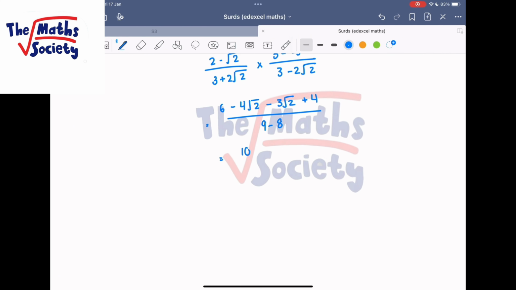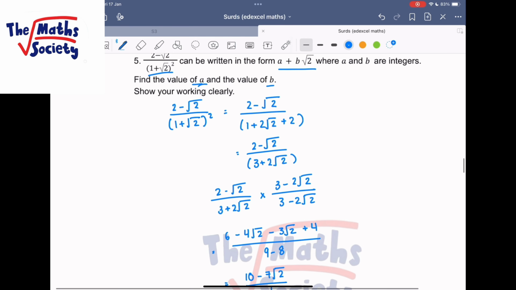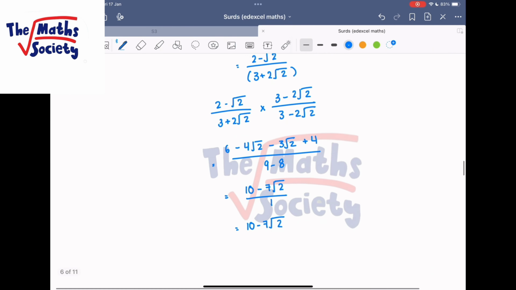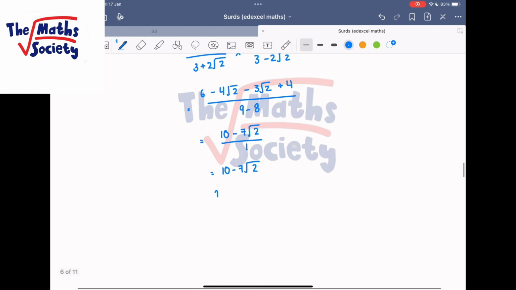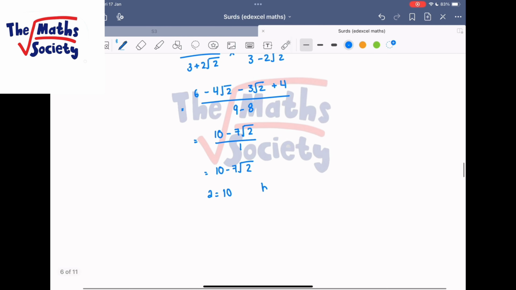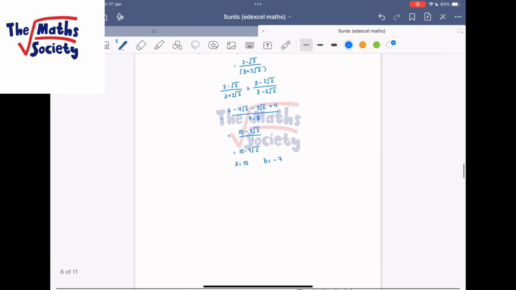So that's 9 minus 8. So you'll have 10 minus 7 root 2 over 1, so it's just 10 minus 7 root 2. And let's see, in the form a plus b root 2. Yep, a plus b root 2. So find the value of a and b. So a is going to be 10, b is going to be minus 7, and that's your answer.